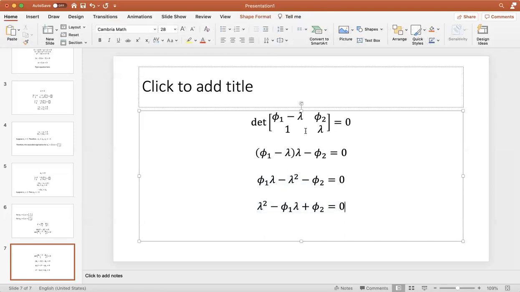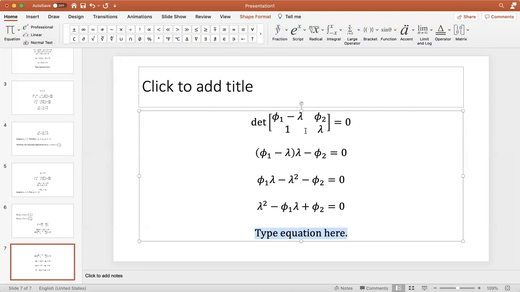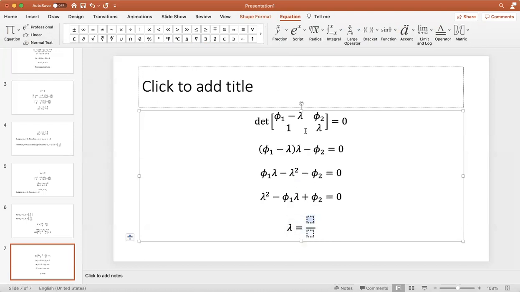Of course, you cannot factor this out anymore because, well, you have a lot of unknowns. So if you have a quadratic expression and you wanted to find the zeros, i.e. the values of lambda in this scenario, you can use the quadratic formula. If you still remember this, and I do hope that you still remember this, because it will come in useful for quadratic equations that cannot be factored out.